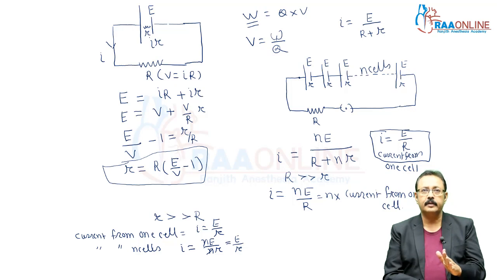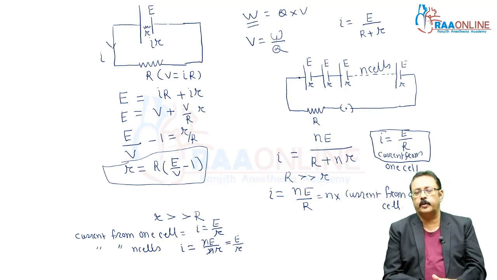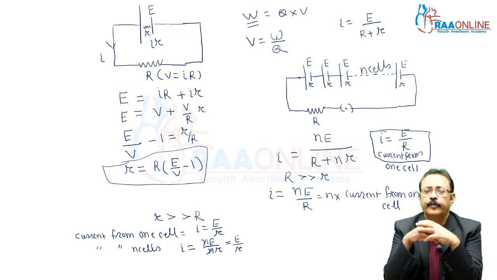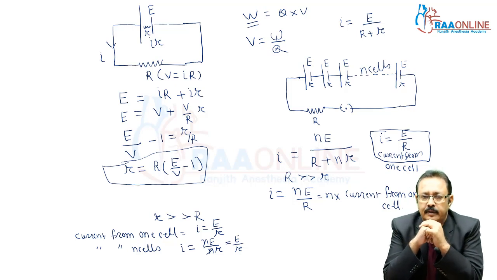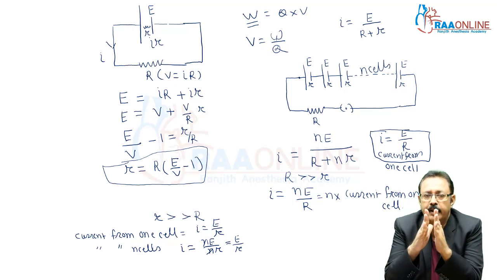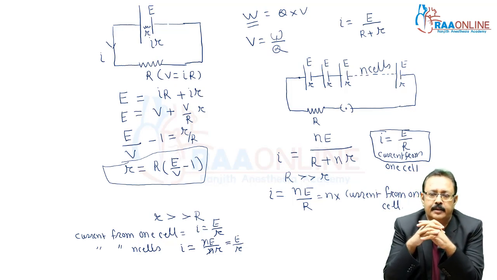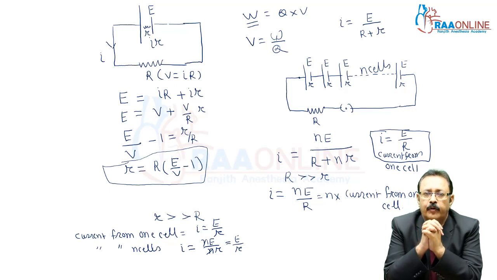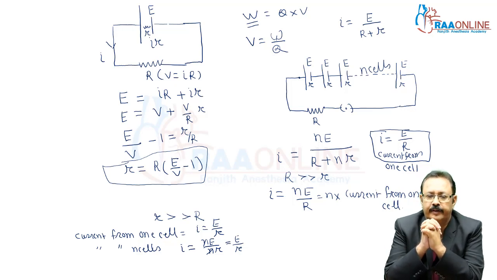So remember, they can ask in conceptual problems, if you can avoid internal resistance of a cell in comparison to external resistance, which type of combination we should prefer?